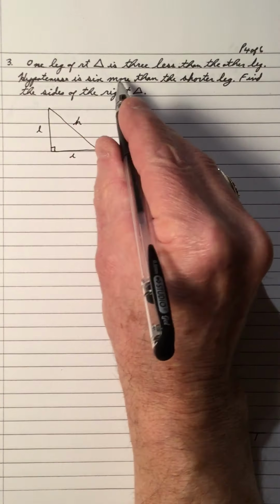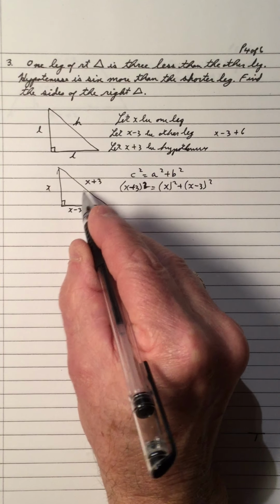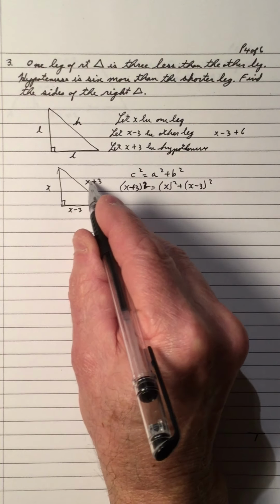So x plus 3. Notice x plus 3 is longer. If you take any number and add 3, that's the bigger number, so that's the longest side. So we square these out, and what I do is I write them down twice, so hopefully I won't make an error when I multiply.